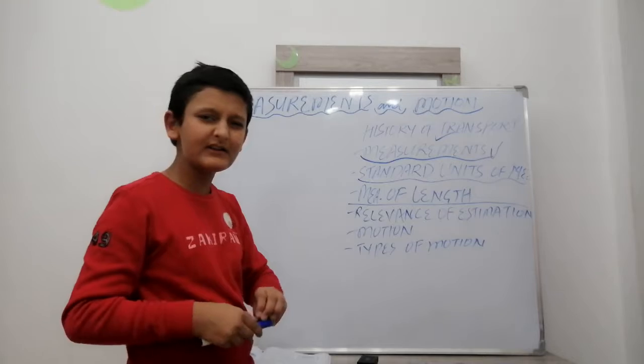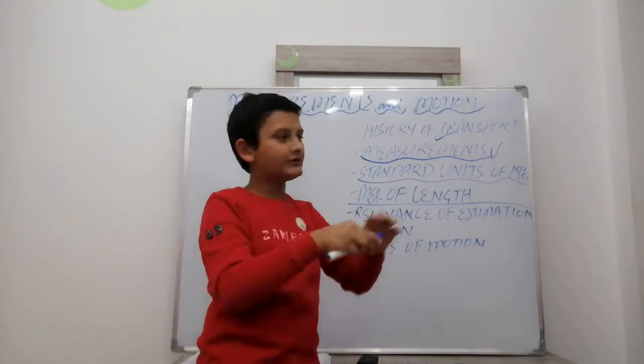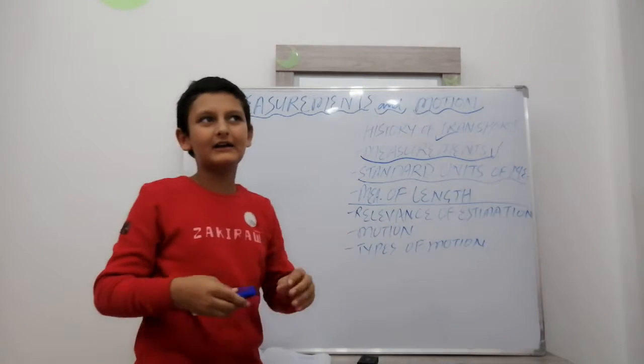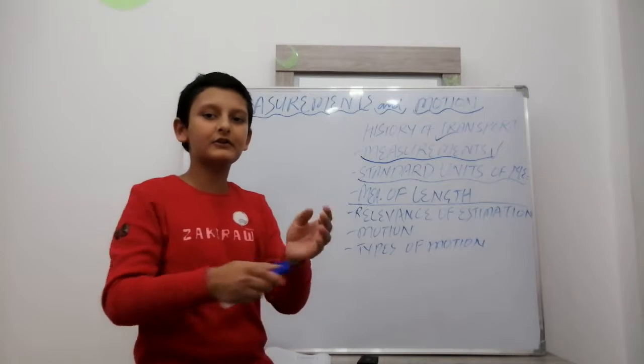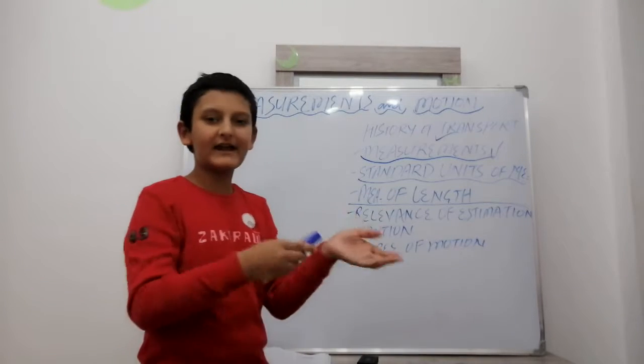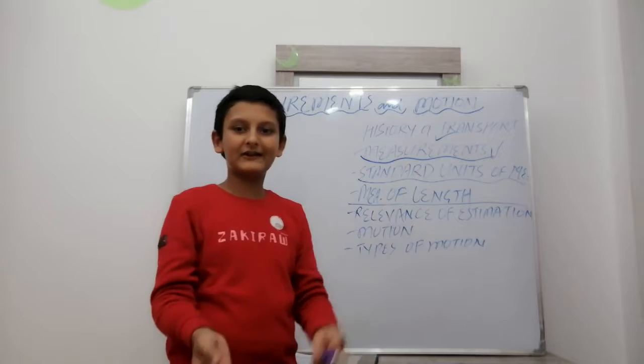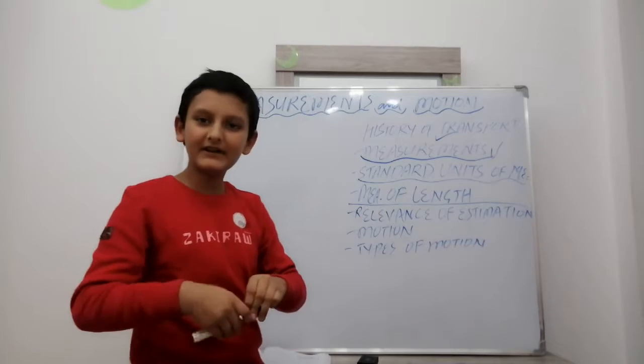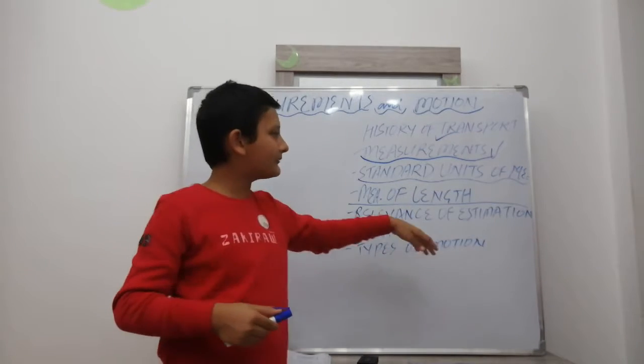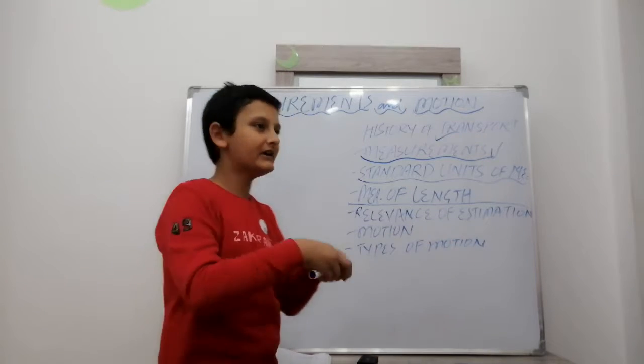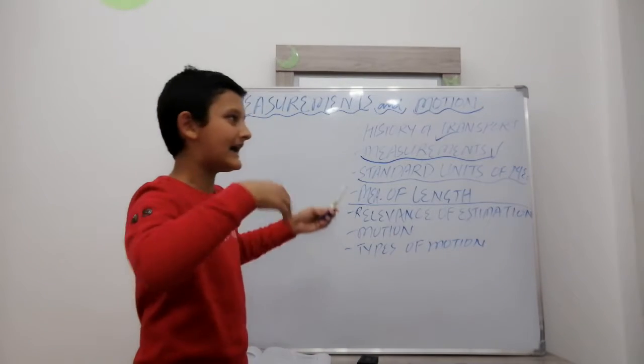Adopting these standard units of measurements was not good for scientists, because they could not show their experiments to each other. Every country had different measurements, different units of measurement. In this country this, and that country different.